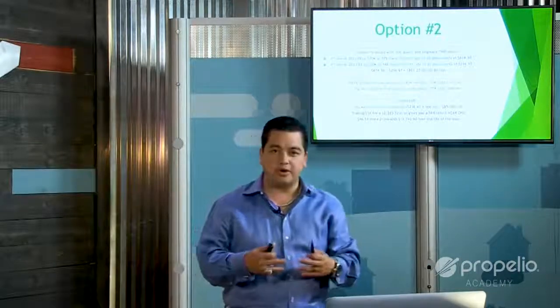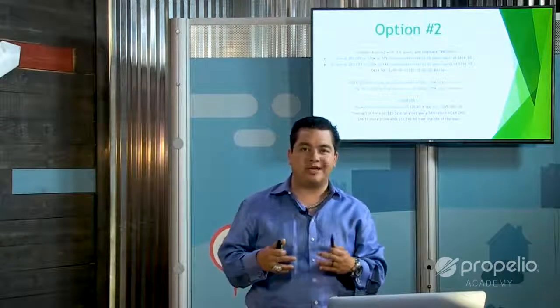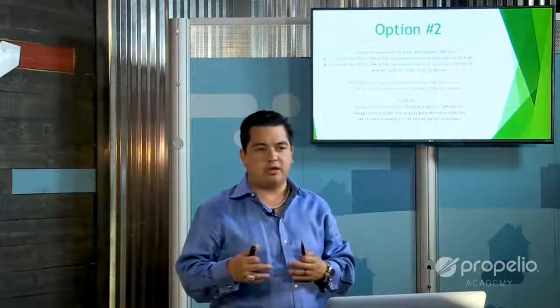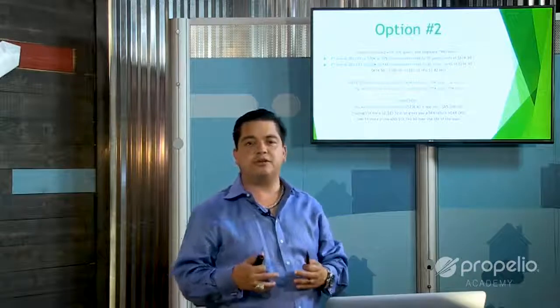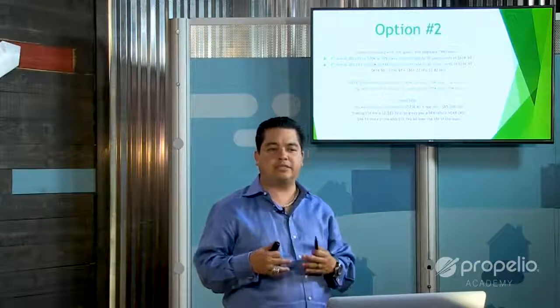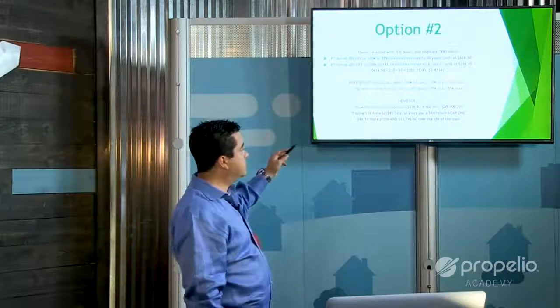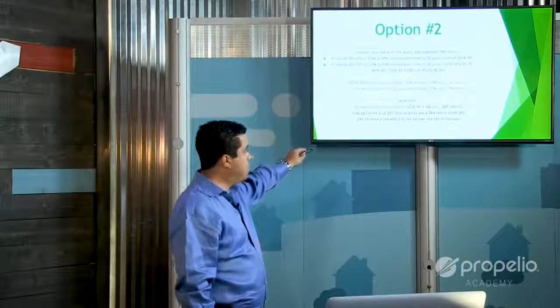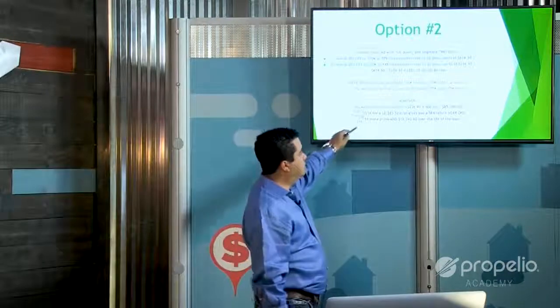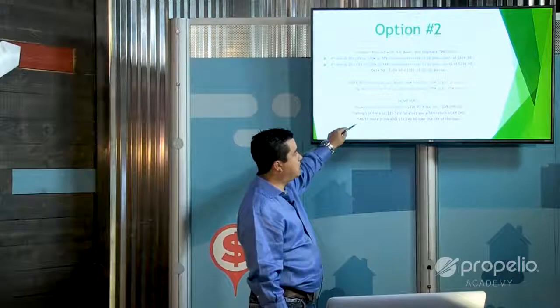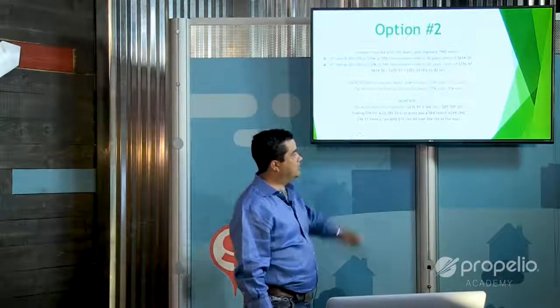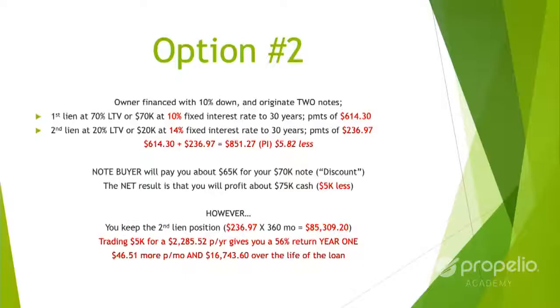Again, if you're at the point where you're analyzing numbers, where you're looking at data, where the use of an amortization calculator is something you use on a regular basis, on a daily basis, these numbers make sense. You're adding $46 per month to your cash flow and a total of $16,000 over the life of the loan.